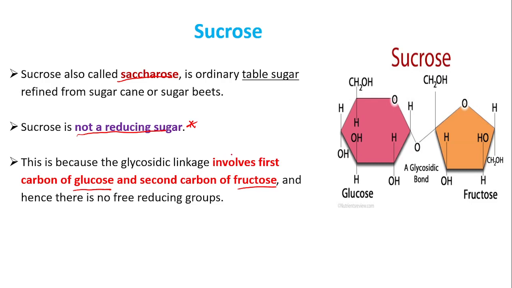Now, the bond between the glucose and fructose is between the first carbon of glucose, this first carbon here, and the second carbon of fructose.